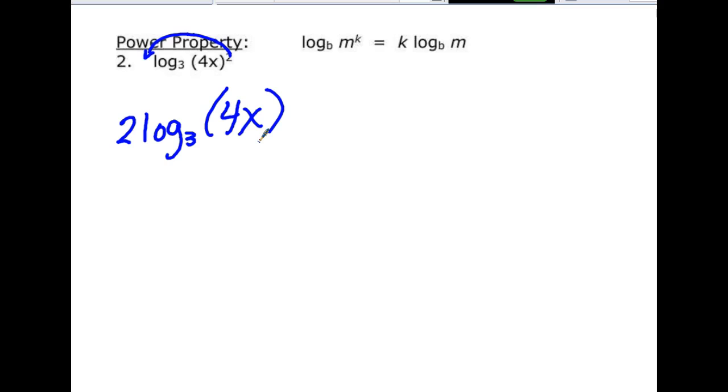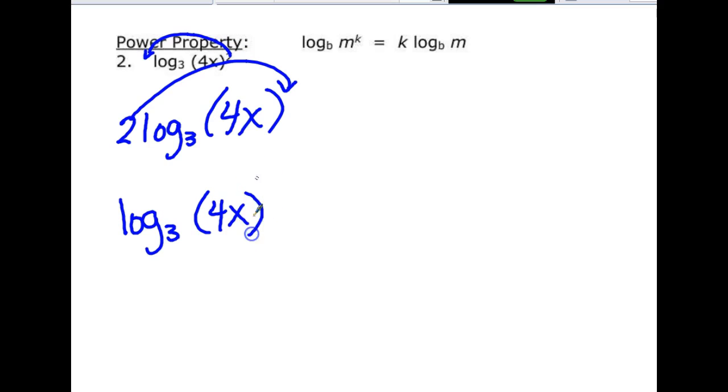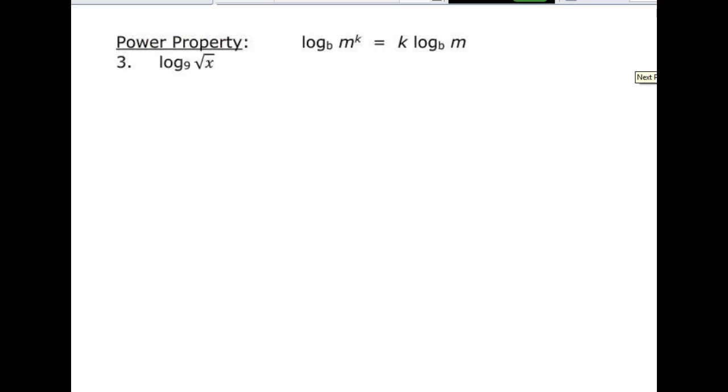If it was already out in front and I needed it to, it could go back over there and become the 2nd power. The power property says if it's a power, it can come out in front. If it's in front and I need it to, it can go back on as a power. Whichever way helps me solve the problem. This doesn't have an exponent.